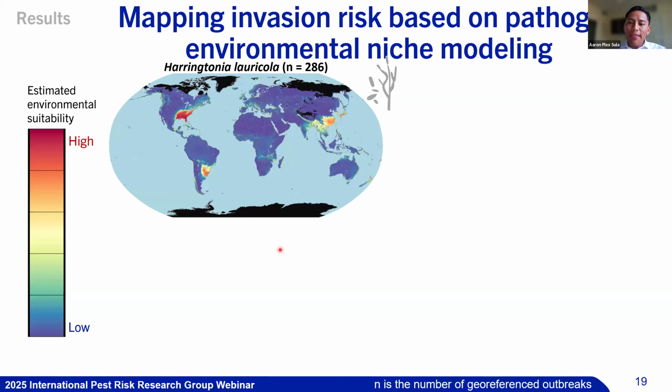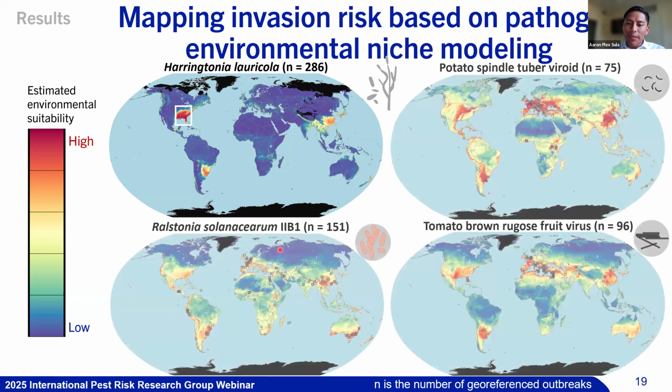As you know, pathogens are adapted to very specific environmental requirements. In our study, we were able to predict a large portion of where pathogens are currently reported present. For example, for Harringtonia lauricola or laurel wilt, we used information on the distribution of this species in the United States, and we were able to predict the native distribution of this pathogen and vector species.